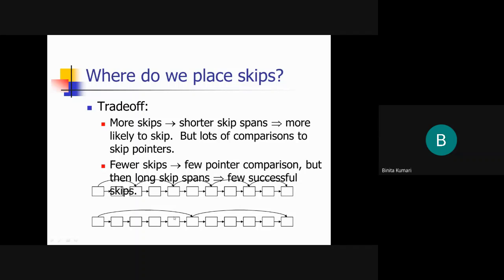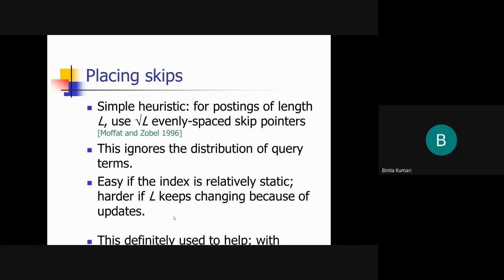So now how many skip pointers, or how to place the skip pointers? So the idea is if the length of the posting list is L, you need to use root over L evenly spaced skip pointers.